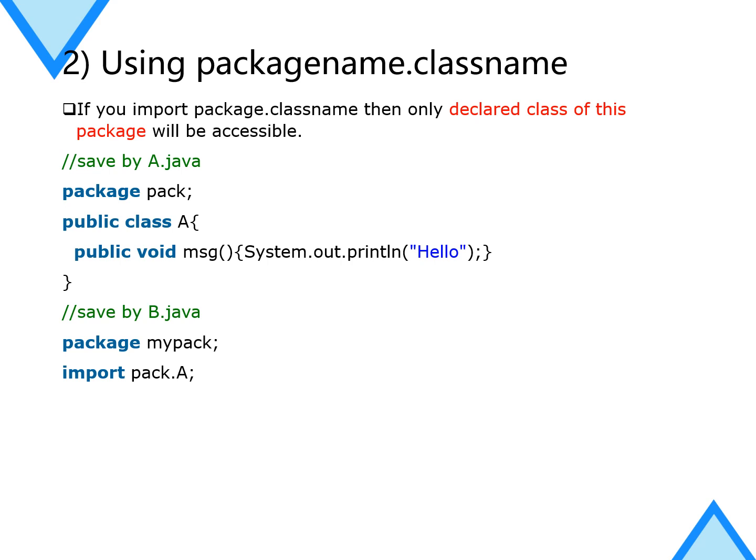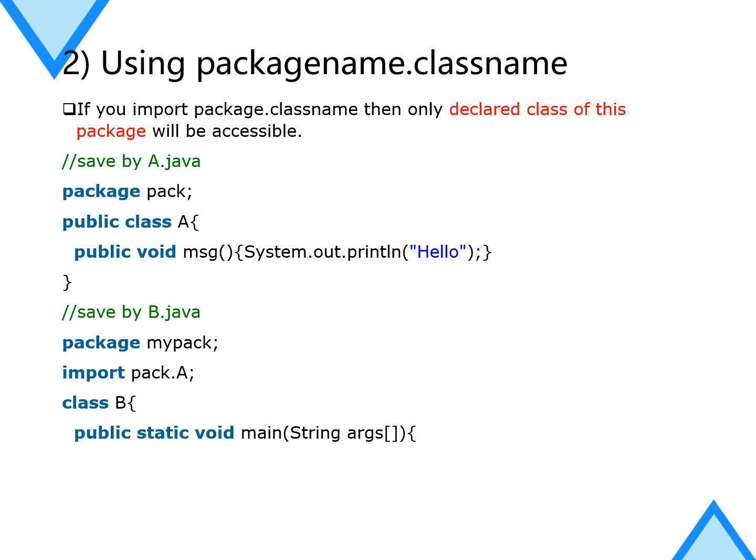We write the package name pack, then the dot operator, and then the name of the class, which is A. So we write the package name, the dot operator, and then the class name to import. But through this method only class A will be accessible.